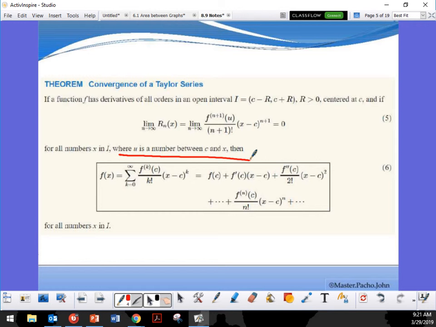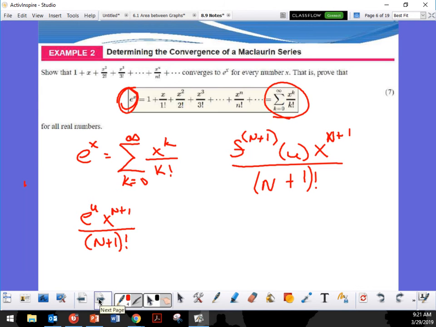So I know that that function has to be less than e to the x times x to the n plus 1 over n plus 1 factorial, because I'm plugging in at both points, x and c, so it's somewhere between there.